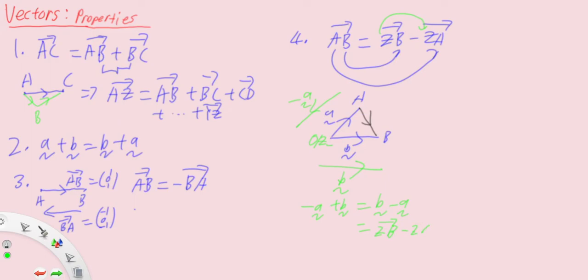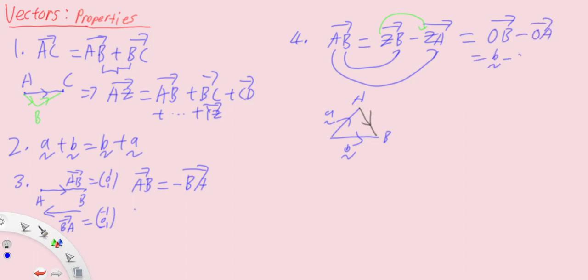That is the proof of property number 4. This is a very interesting property, and it's very good to remember it so that you can solve many different types of questions without thinking too much. The more common letter that you see often is not Z, but rather the position vectors: OB minus OA, simply B minus A.